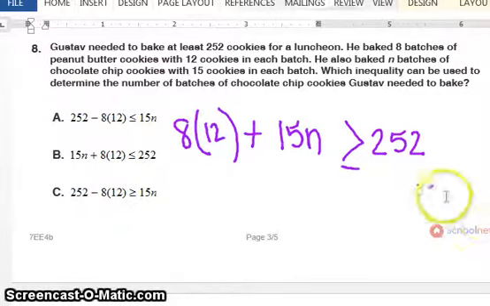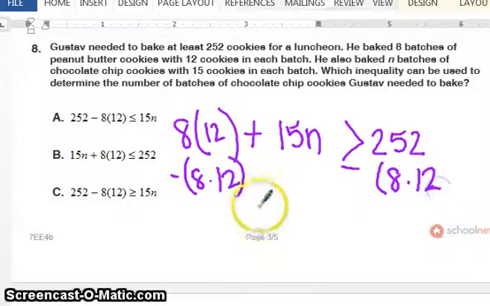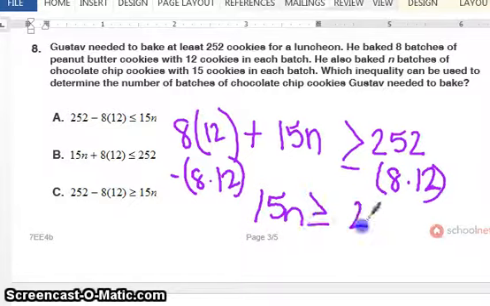They're saying that you would subtract the 8 times 12 from both sides, and you're going to have 15n should be bigger than whatever 252 minus 8 times 12 is.